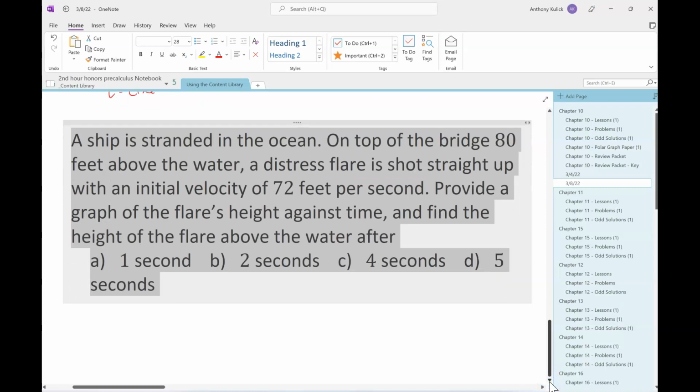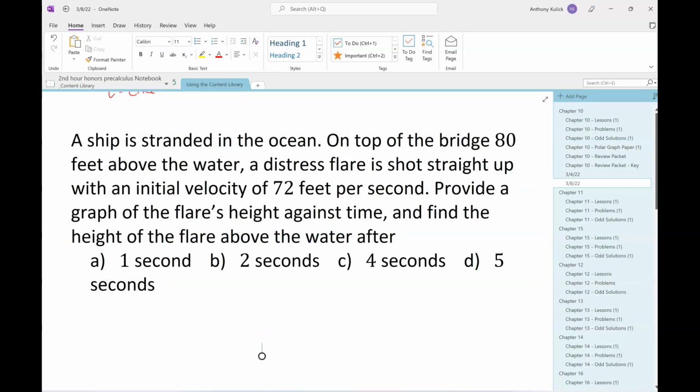All right. So a ship stranded in the ocean. On top of the bridge, 80 feet above the water, a distress flare is shot straight up with an initial velocity of 32 feet per second. Provide a graph of the flare's height against time and find the height of the flare above water at the following times.